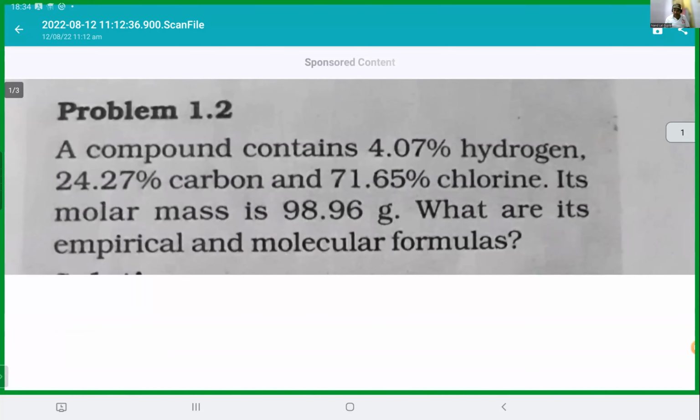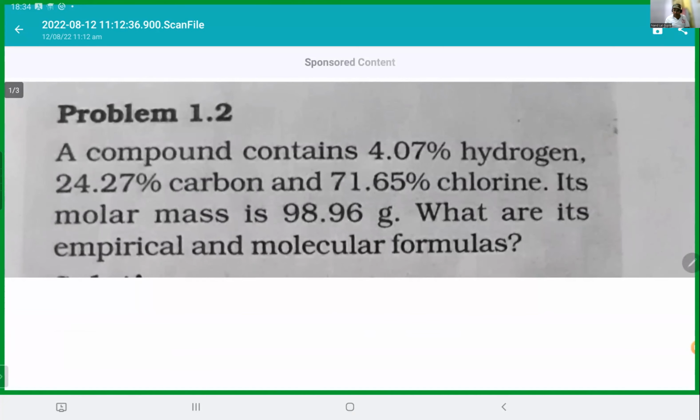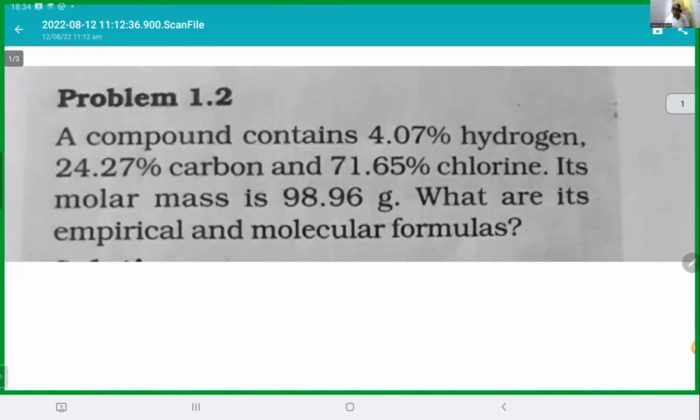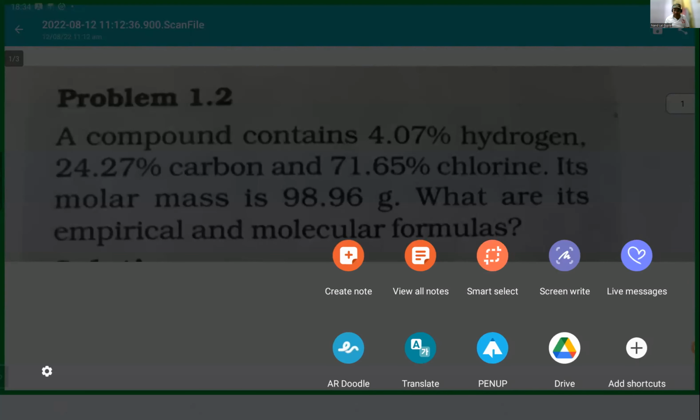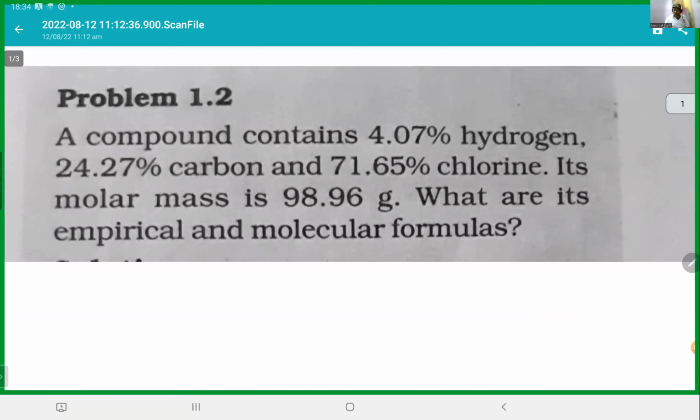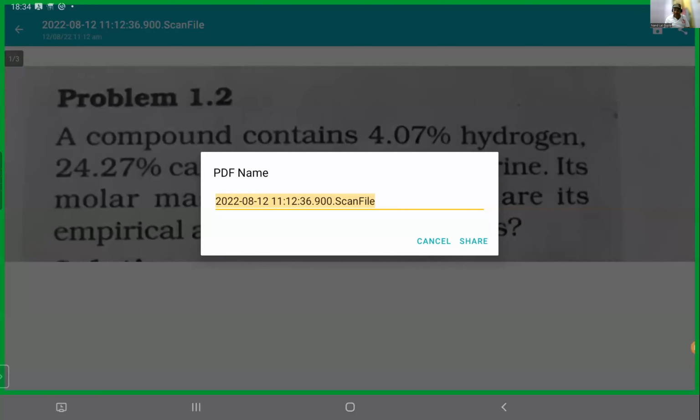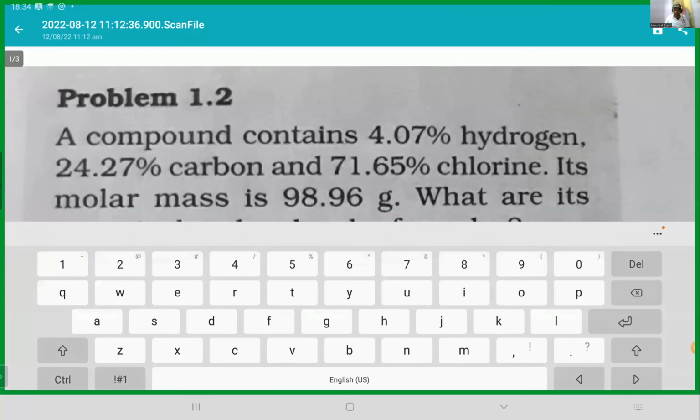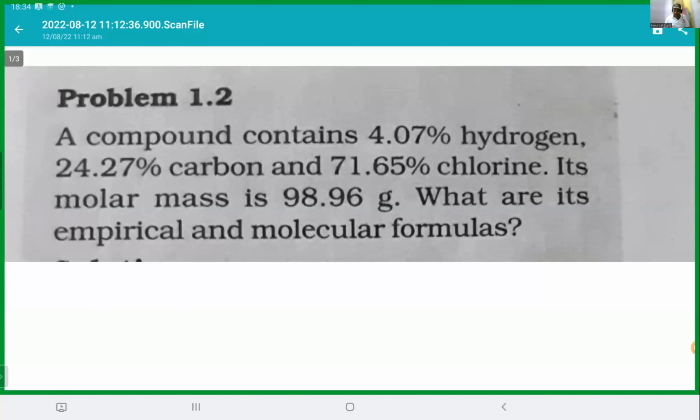A compound contains... Let me see what that is. No, wait, share the file. It's not allowing me to write on the screen, so I need to change to some other app.